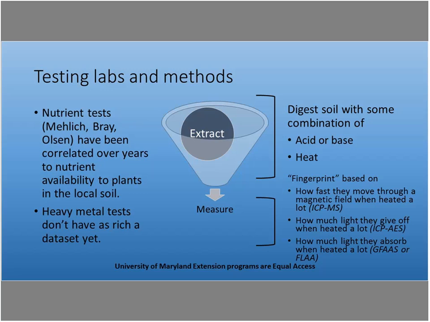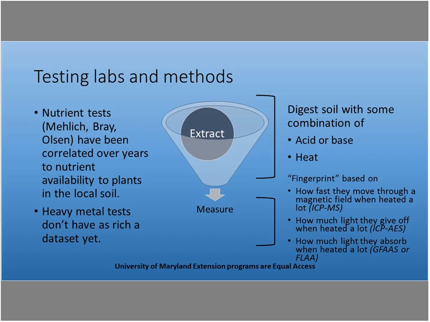The nutrient tests that we're all familiar with for measuring phosphorus and potassium in our soils, things like the Mehlich or the Bray or the Olsen, we've been studying those for many, many years, and there's been a lot of field studies where they correlated the results of those soil tests with yield on crops and with the availability of phosphorus and potassium and the other nutrients to your crops in that local soil.